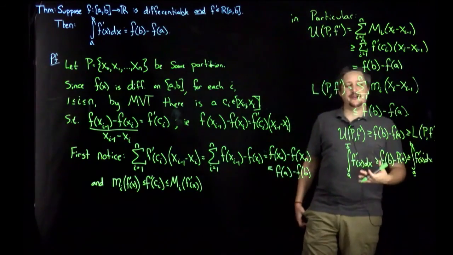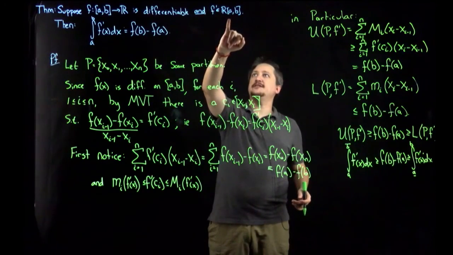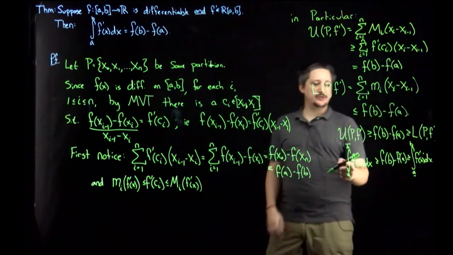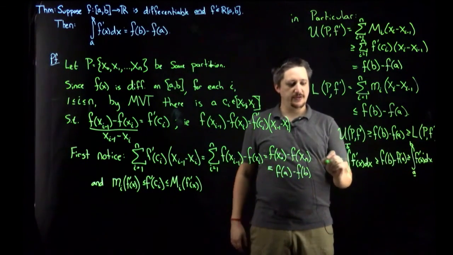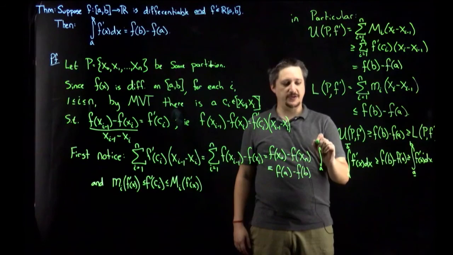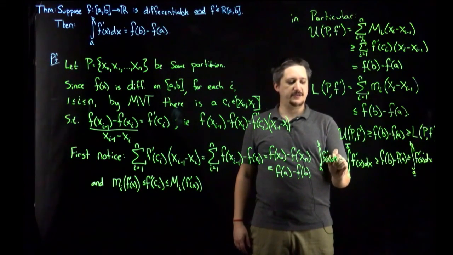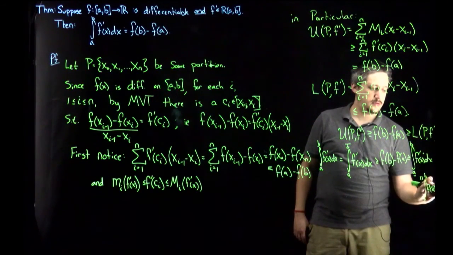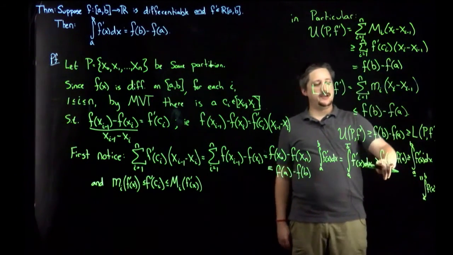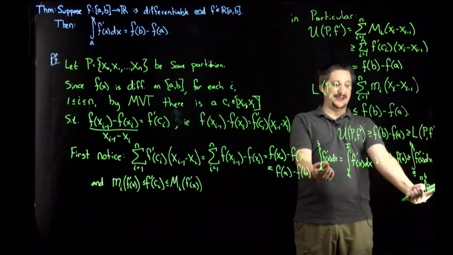And here's the last important bit, which is that, remember, as I made a big deal about, we know that f prime exists. And if we know f prime exists, then we know that this upper sum and the lower sum are the same value. In particular, they are both just the Riemann integral, a to b of f prime of x dx, for both of these. So that tells me that f of b minus f of a is somewhere between the integral and itself.